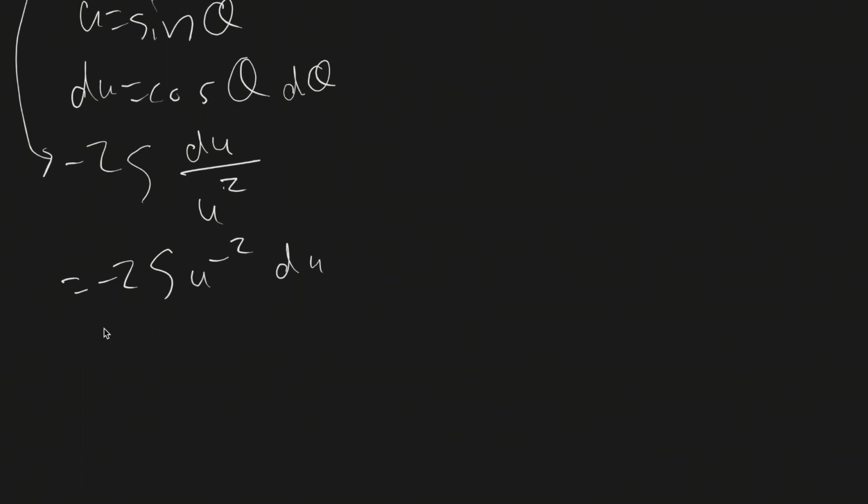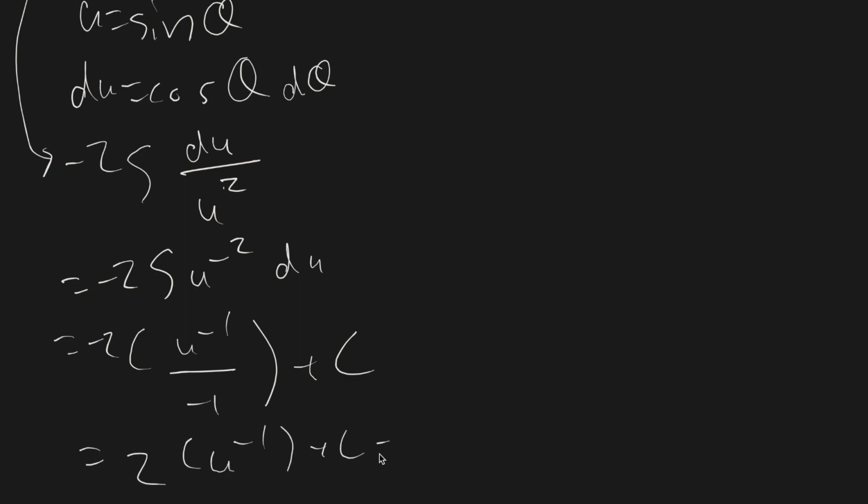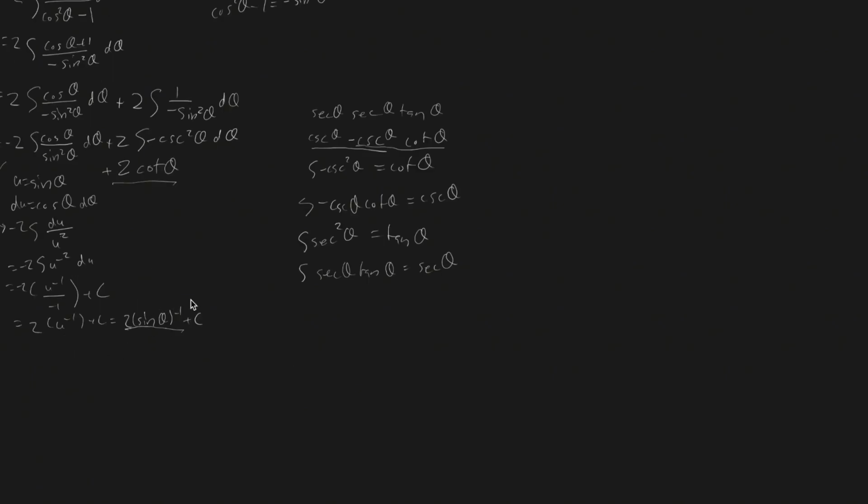We can easily integrate this, and it becomes u to the negative 1 over negative 1 plus c, which is just 2 times u to the negative 1 plus c, which is 2 times sine theta to the negative 1 plus c. And remember that sine to the negative 1 is just cosecant.